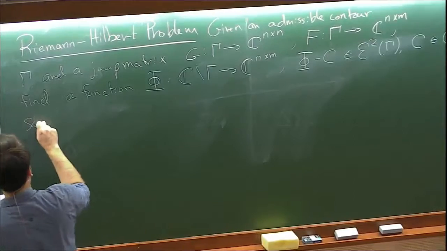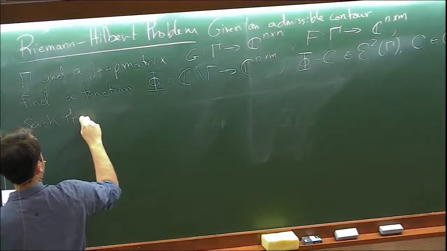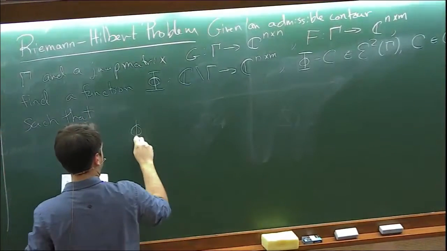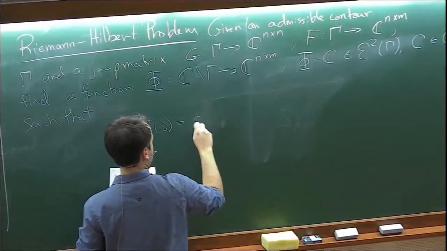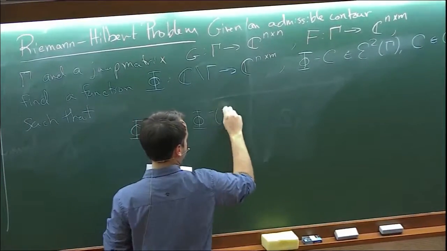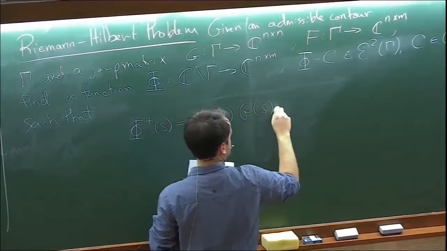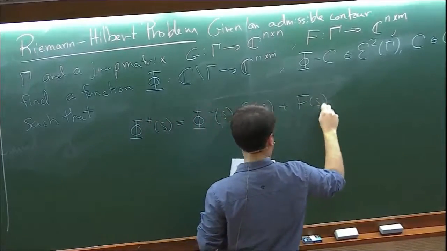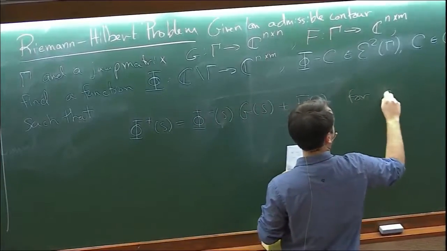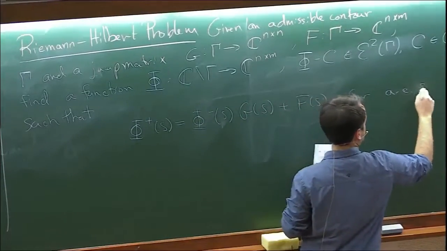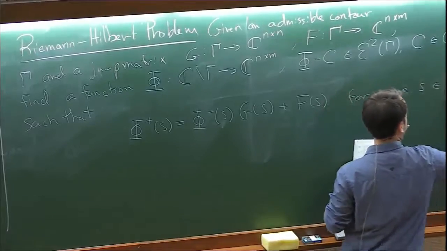Such that phi plus of s equals phi minus of s times g of s plus f of s, for almost every s in gamma.